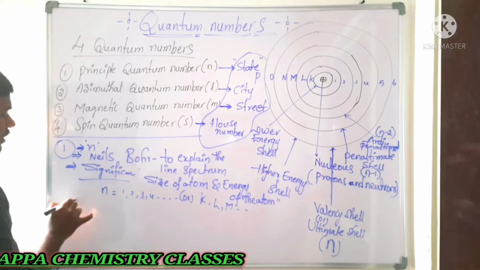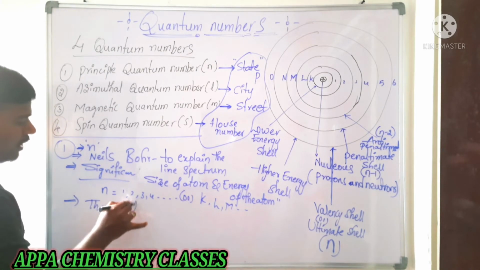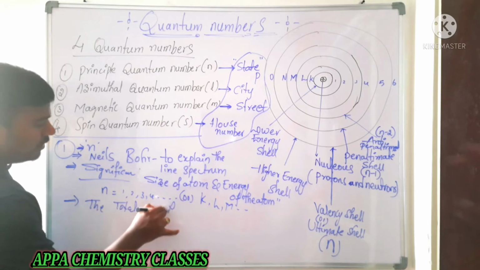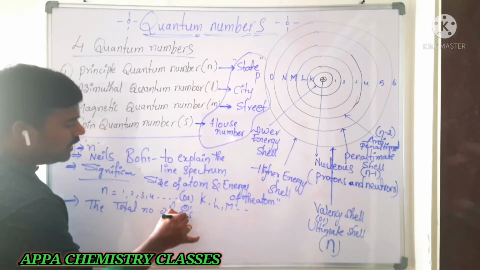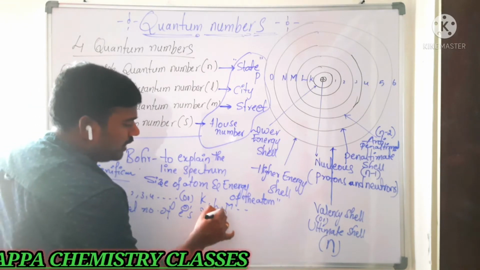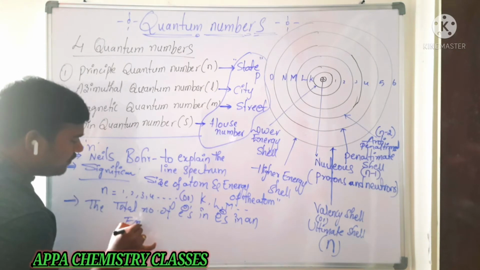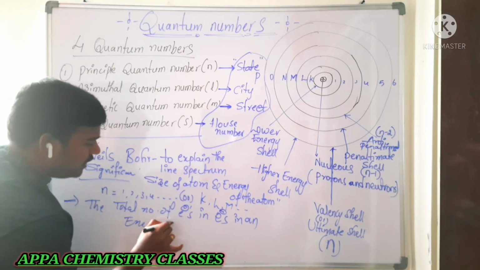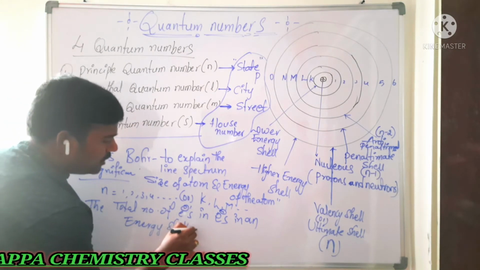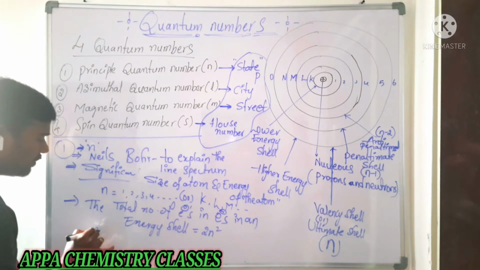Now the total number of electrons in an energy cell. Which formula does it give you? An energy cell gives you 2n square, where n is the principal quantum number.